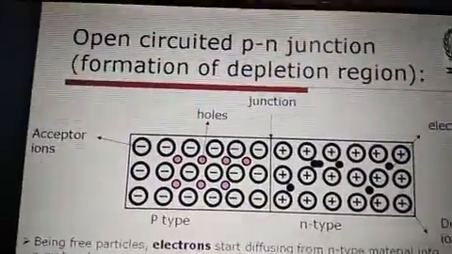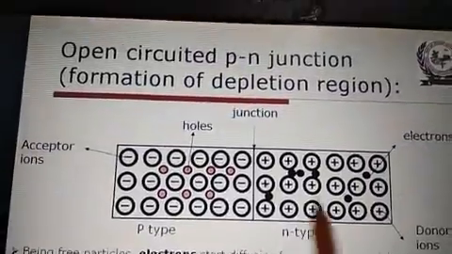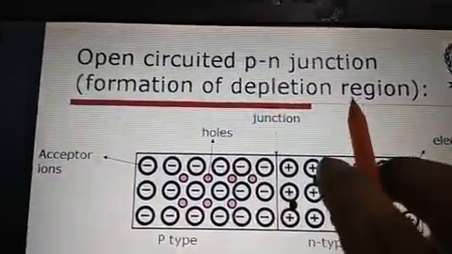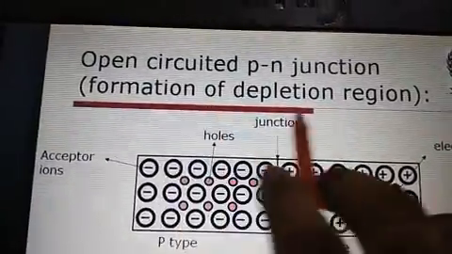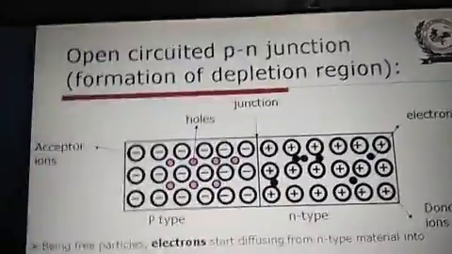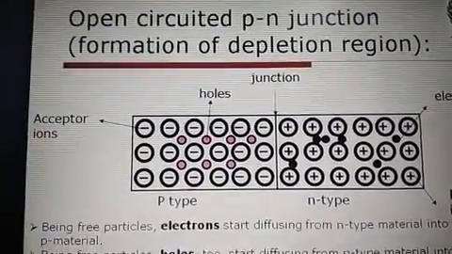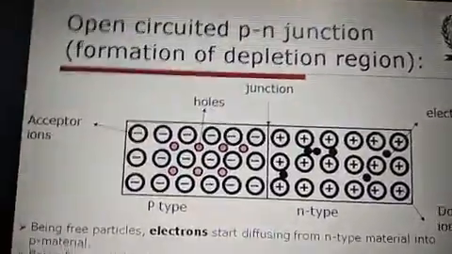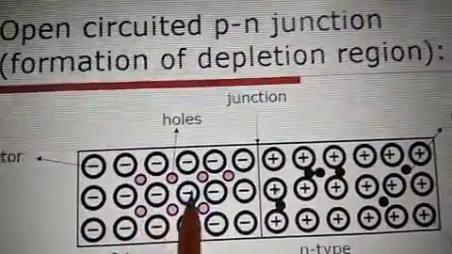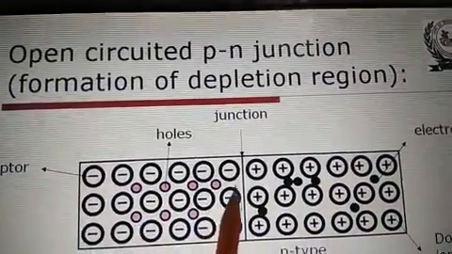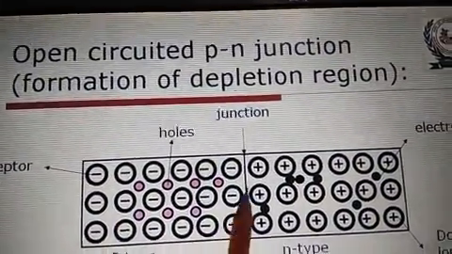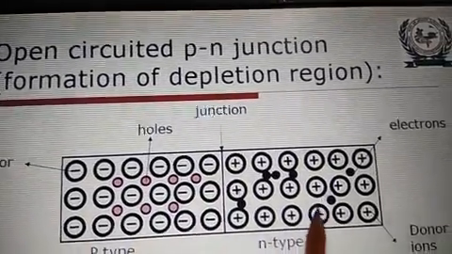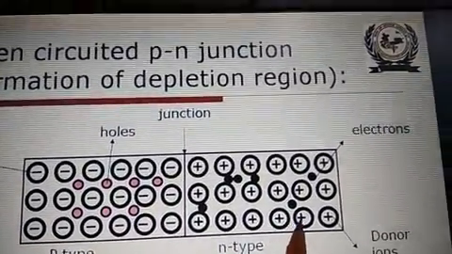Now you can see the open circuited PN junction and the formation of the depletion region. The very important thing is the junction of the diode. Here you can observe, this is the P type of material and this is the N type of material.